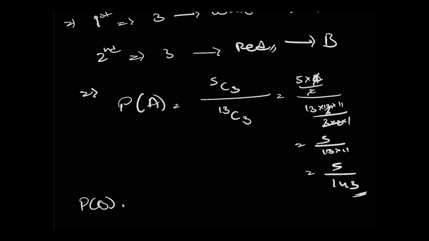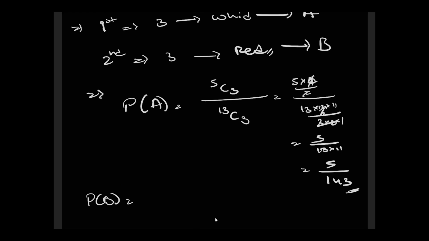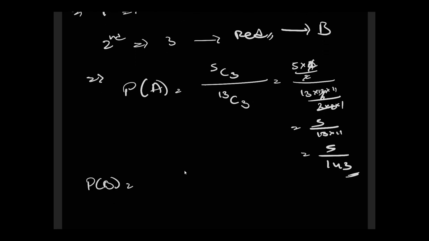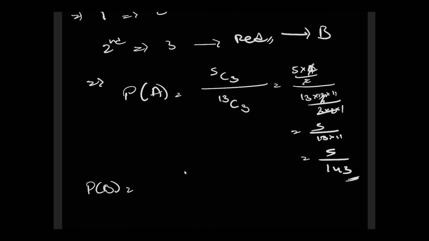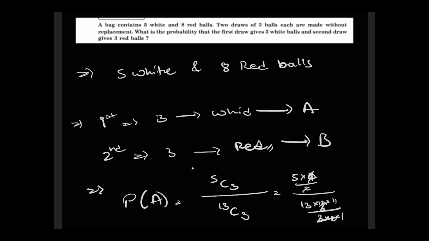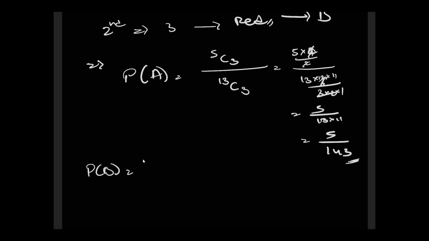P of B is equal to: the second draw has 3 red. We have already chosen 3 white balls, so we can remove those 3. Then there are 2 white and 8 red.